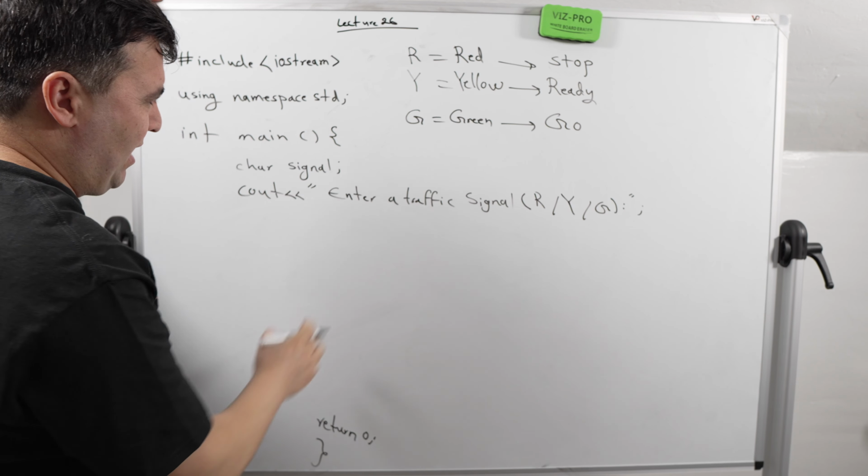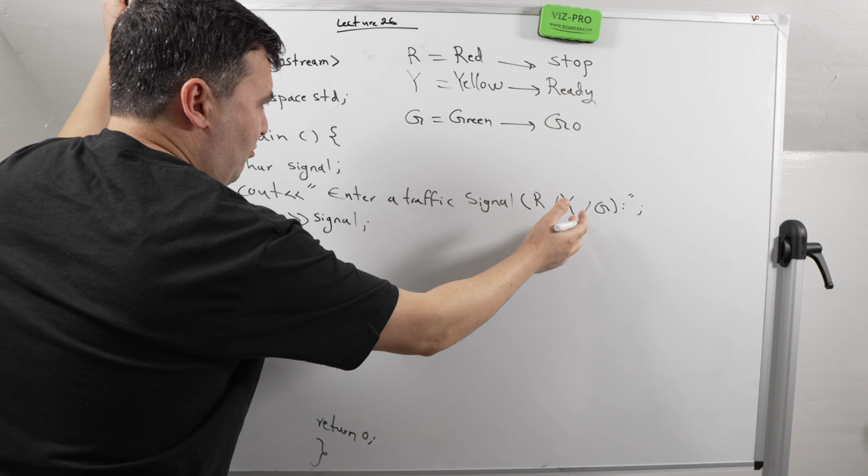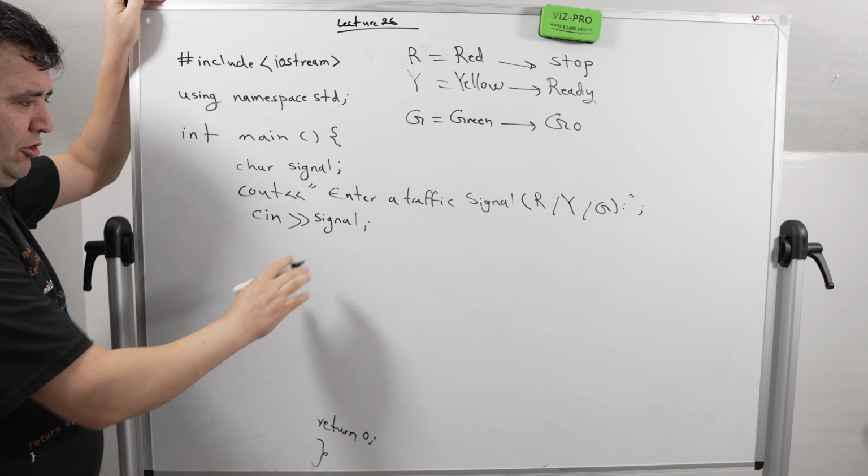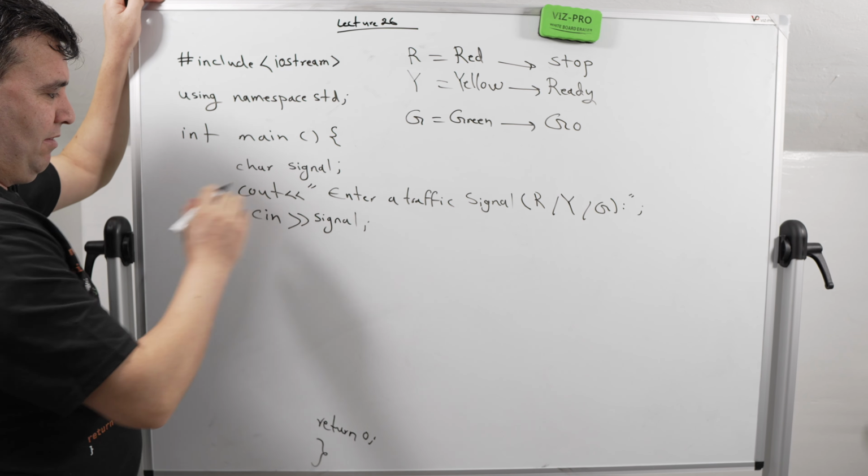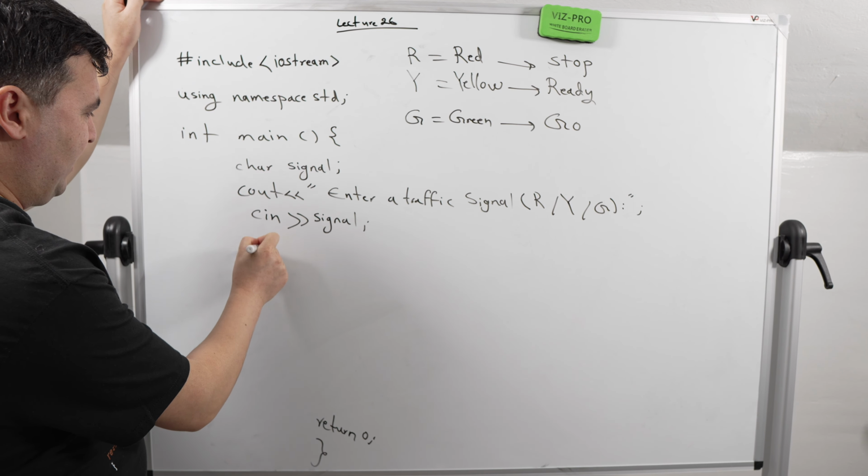Then cin, we take that input and store it inside the signal variable. The user enters either R or Y or G, so we store that inside the signal variable. Now we need to check that.